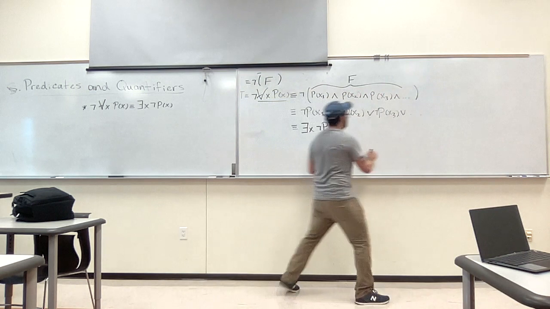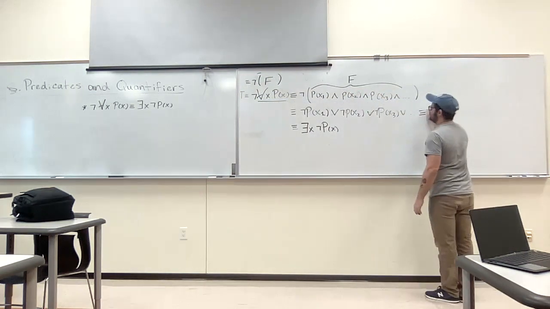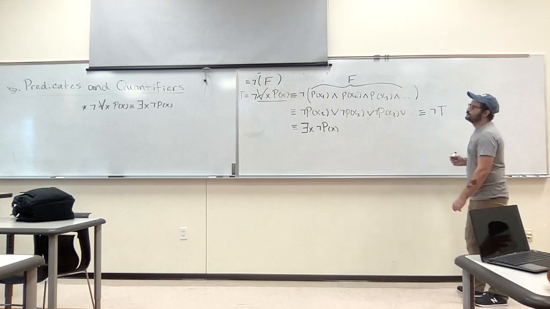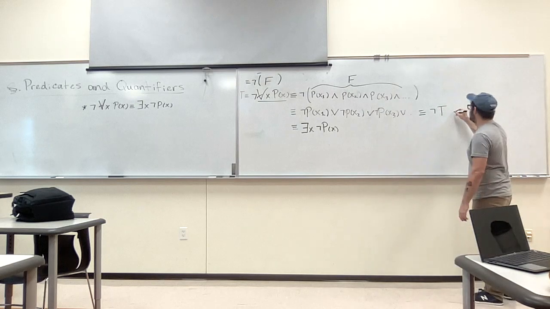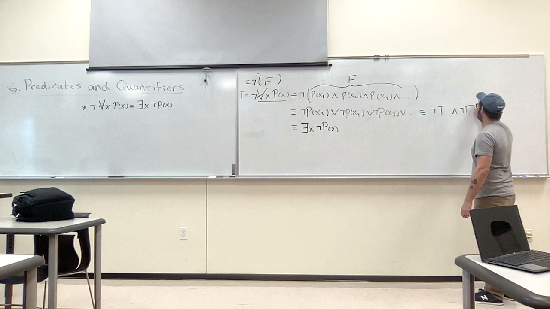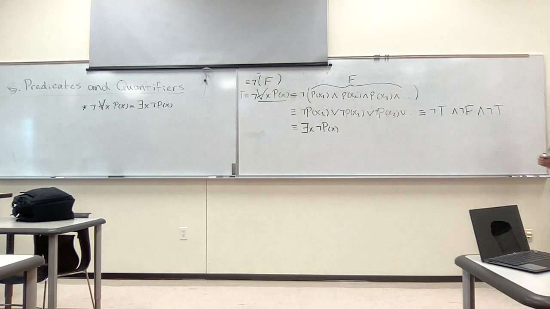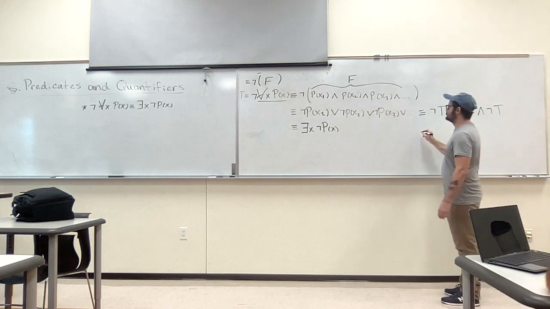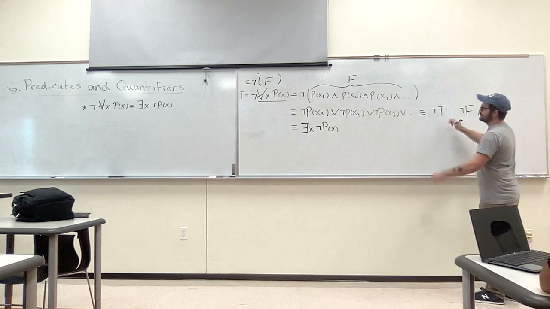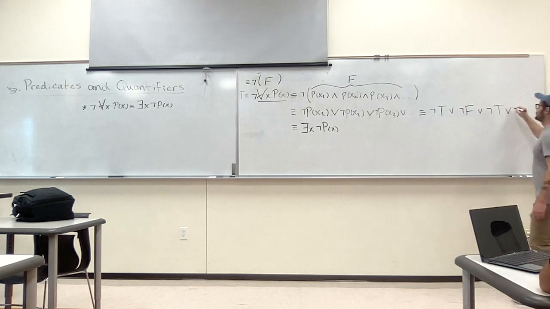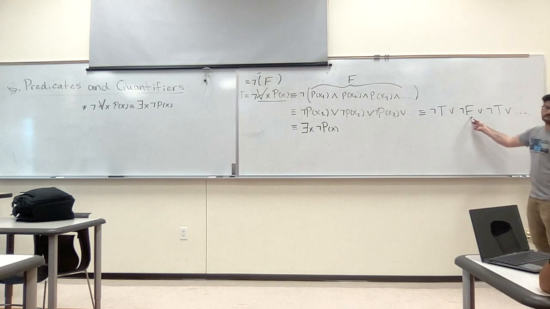So let's write it out. Maybe one of them is true, right? Or maybe not one of them is false and not true, right? Or, yeah, or. And then just keep on going, right? But we know that there's at least one of them that's false, right?